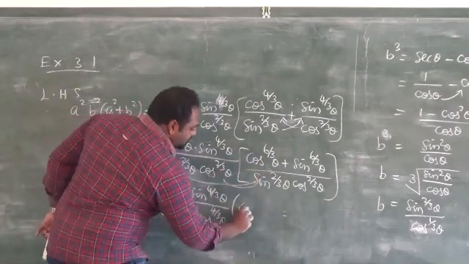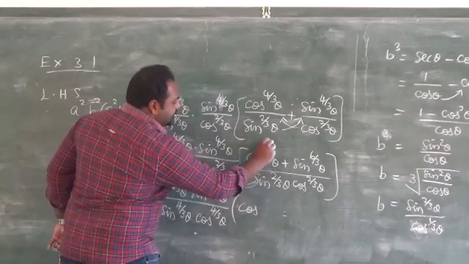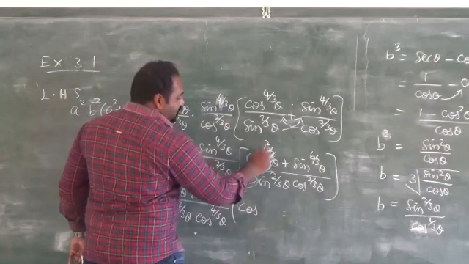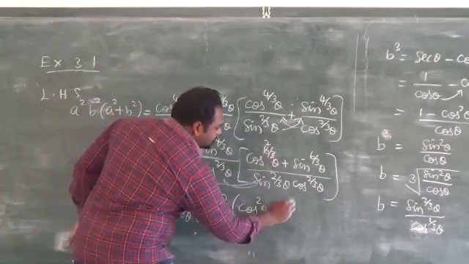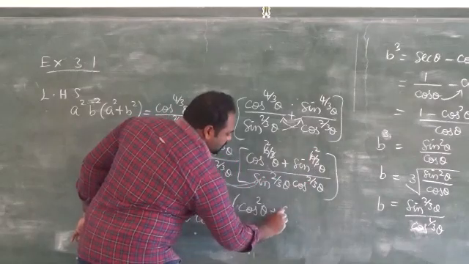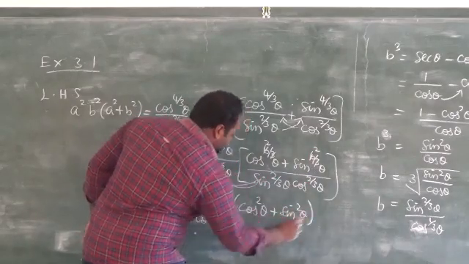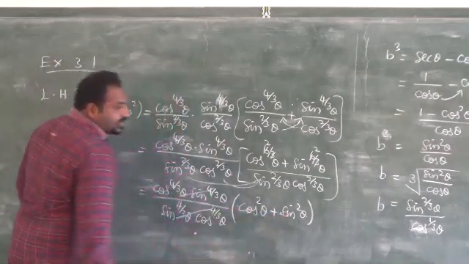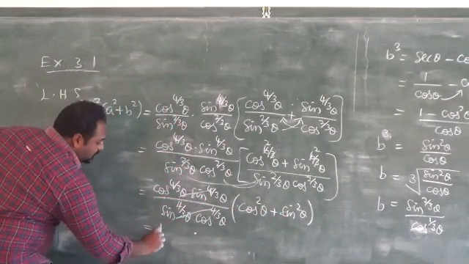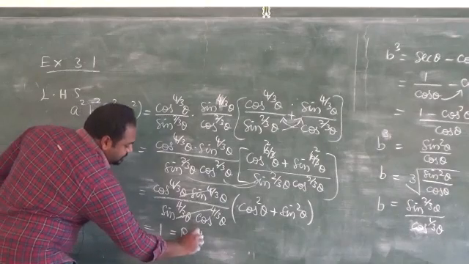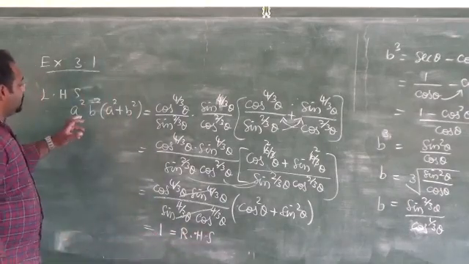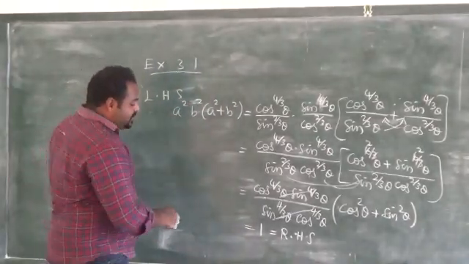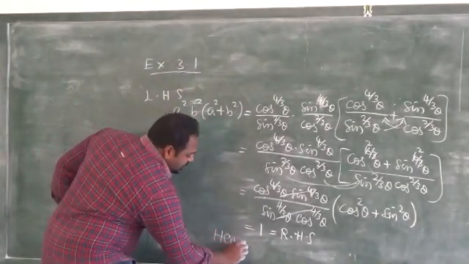Here 6 by 3 can be cancelled. So we get cos square theta plus sin square theta. Here this will be cancelled, and cos square theta plus sin square theta, we know the identity, is 1, equal to the RHS. So we are getting the RHS by using the LHS. So by this we can say hence proved.